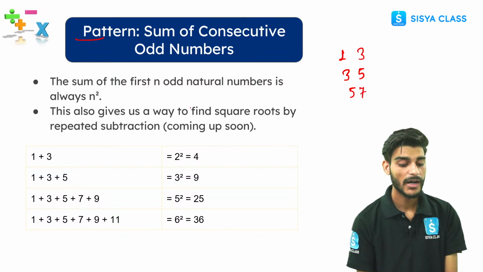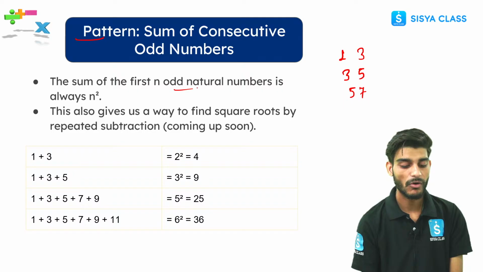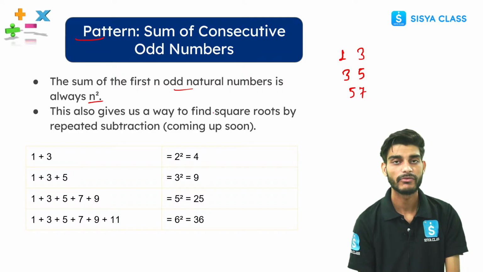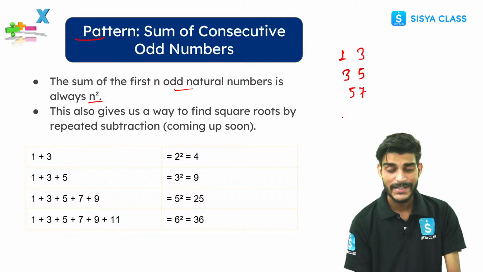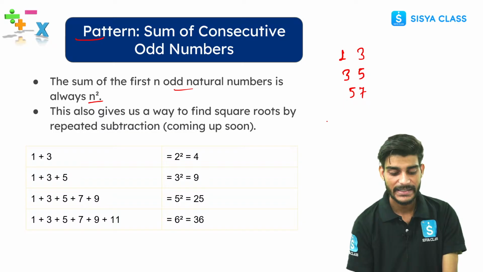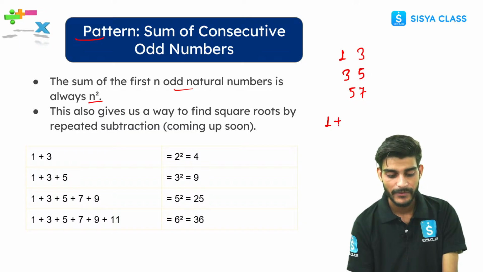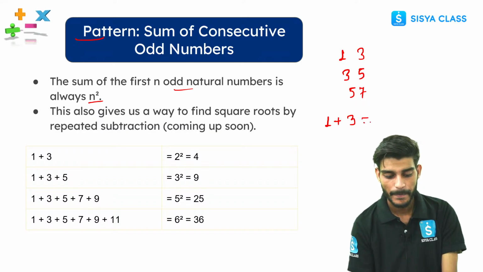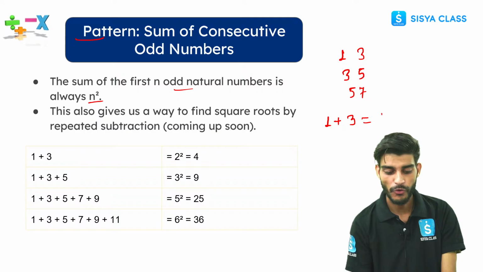So the sum of the first n odd natural numbers is n square. What is the meaning of this? First n odd natural numbers. See the pattern. If you add 1 plus 3, that is 4, which is 2 square.